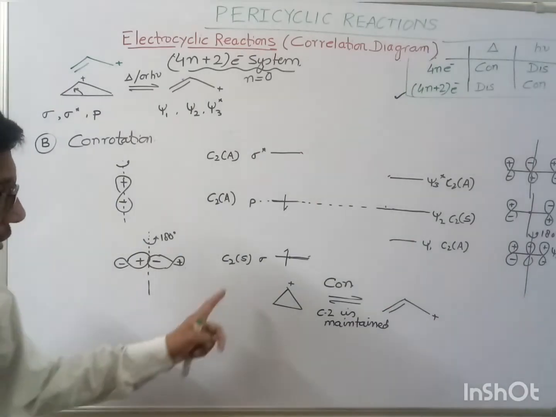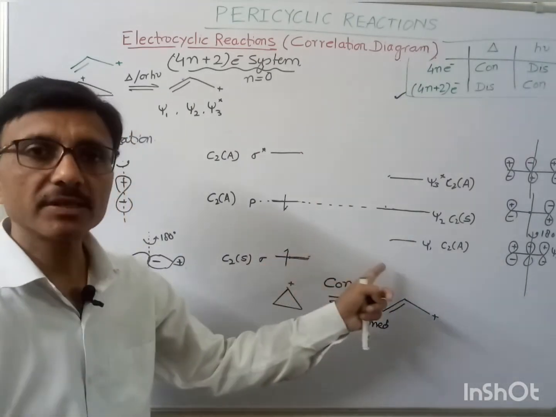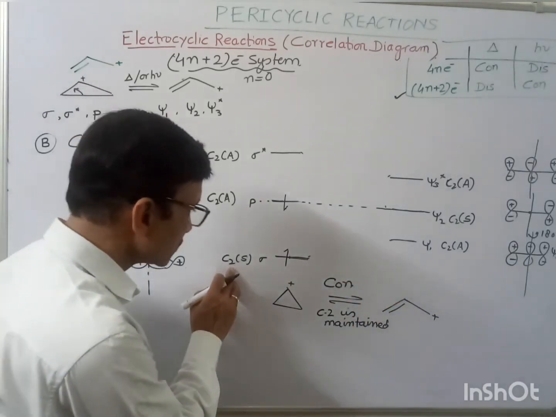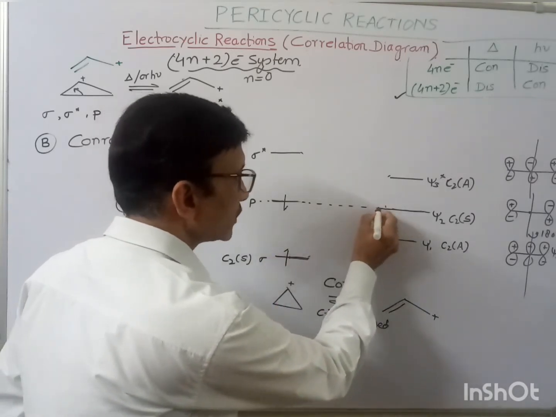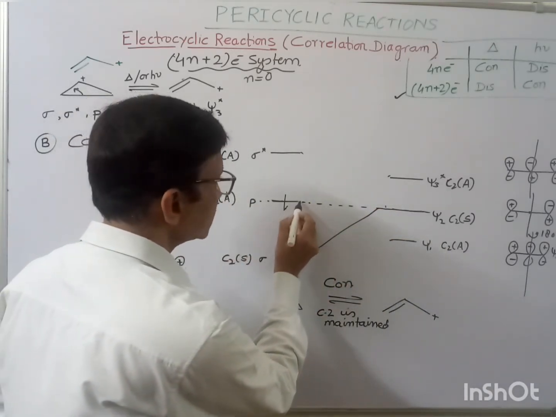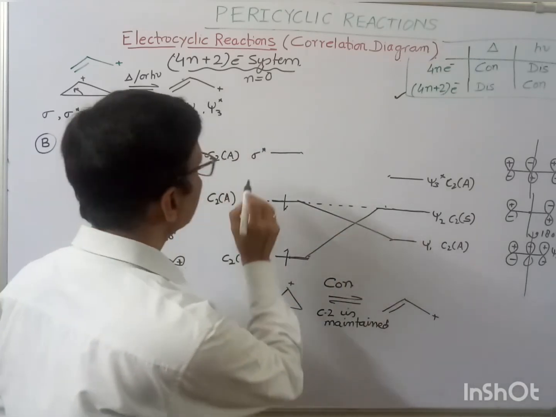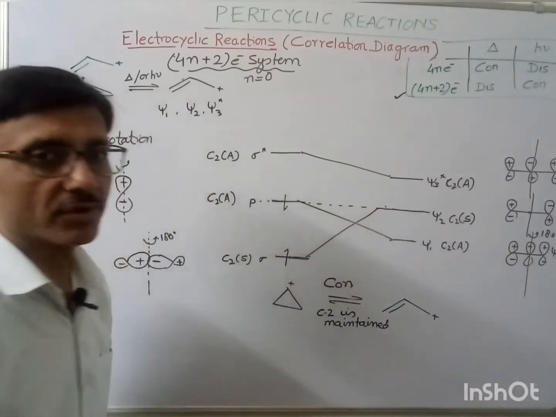Okay, so let's correlate the orbitals having the same symmetry. This symmetric is correlated with this symmetric, and this anti-symmetric is correlated with this anti-symmetric.